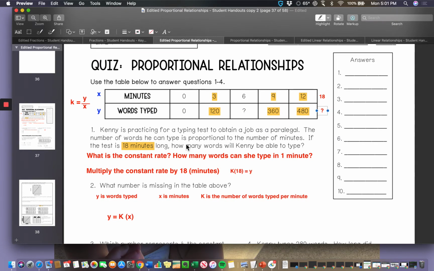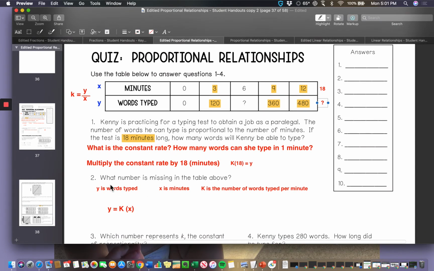I know this looks very busy, but just listen to the words I'm saying so you can understand what's going on. Number 2: what number is missing in the table above? They're looking for the number I highlighted in blue. Y is the words typed, X is the minutes, and K is the number of words typed per minute.